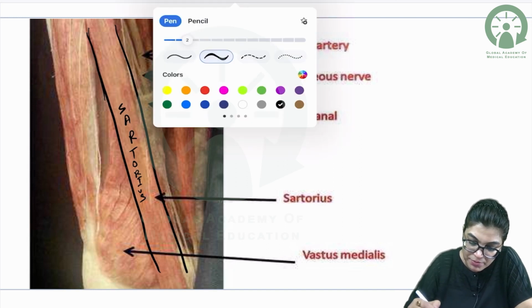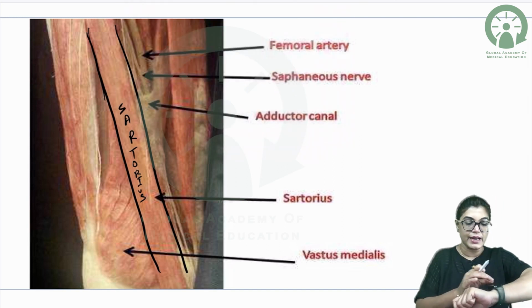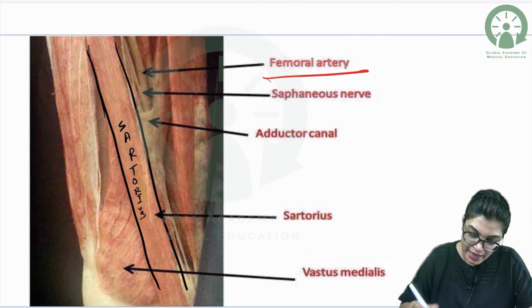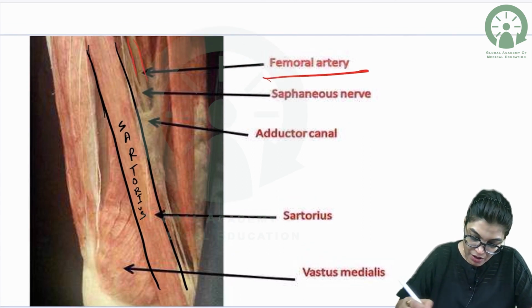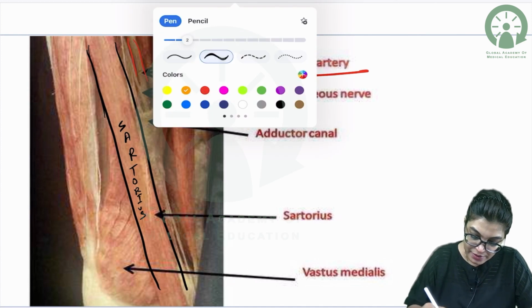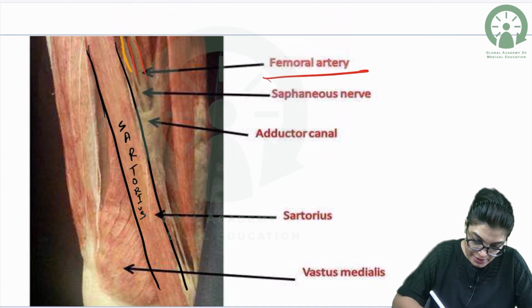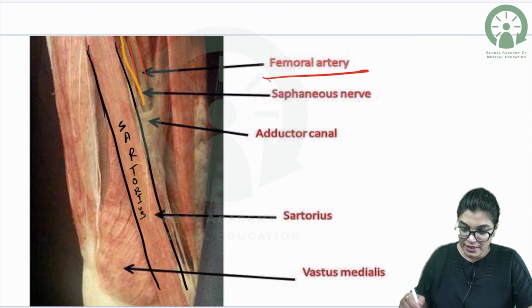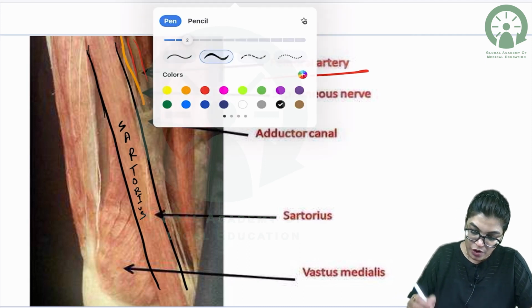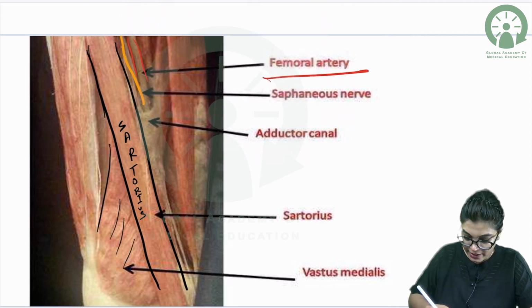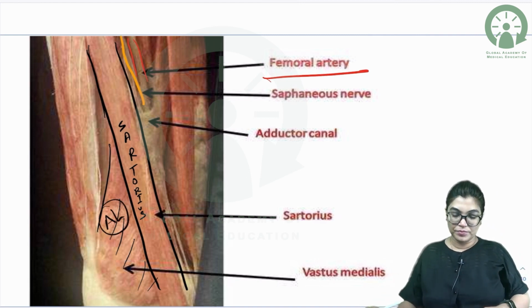The contents are the femoral artery, which is shown here. Also we can see the saphenous nerve. And we can see the vastus medialis muscle, forming the anterolateral wall for the adductor region.